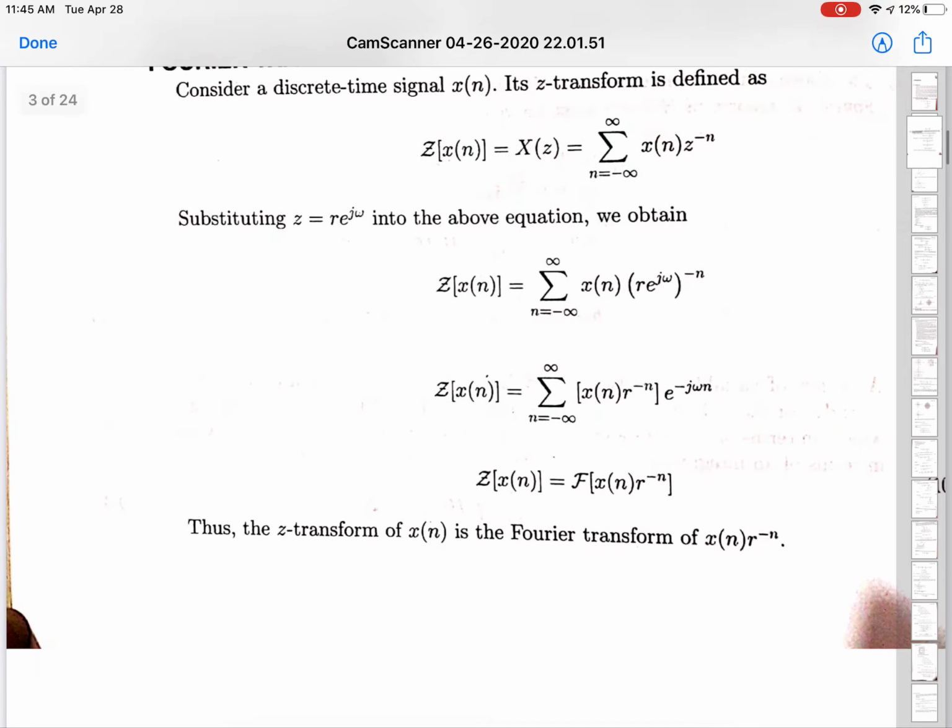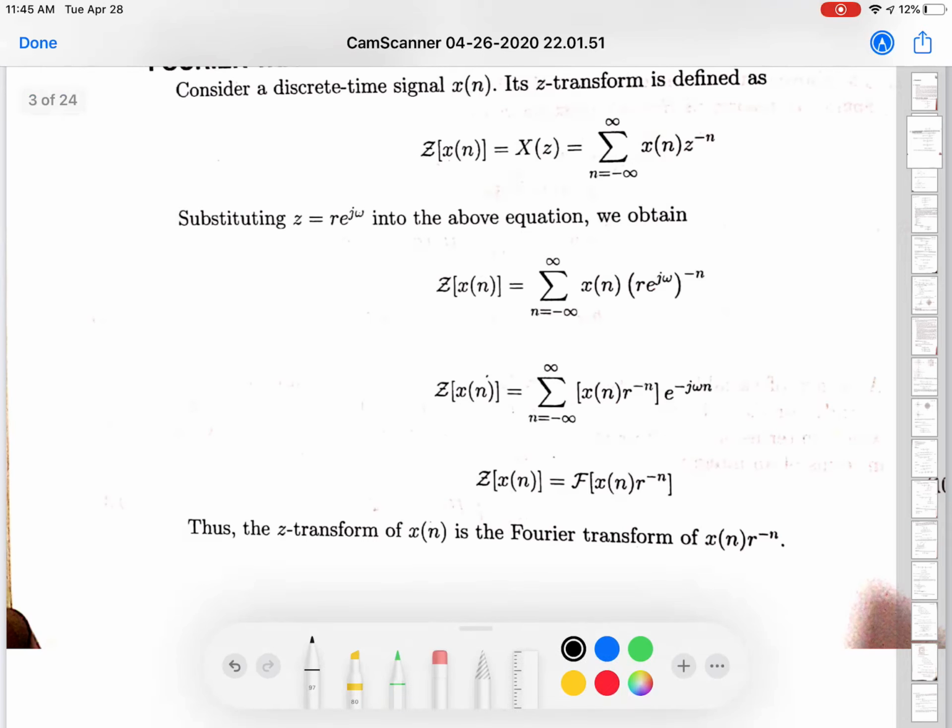Now consider the relationship between the DTFT and the Z transform. As we have considered, z is equal to r e^(jω). Now put the value of z in the equation. Here we have put it in, and then solving we will have this function.